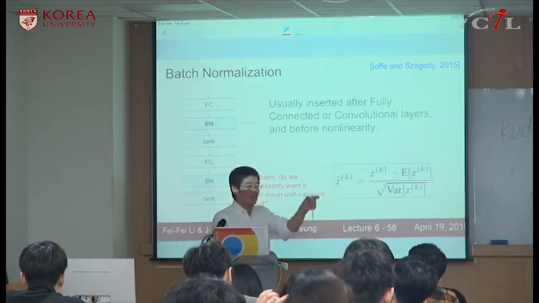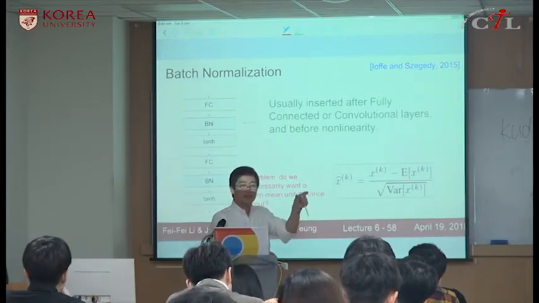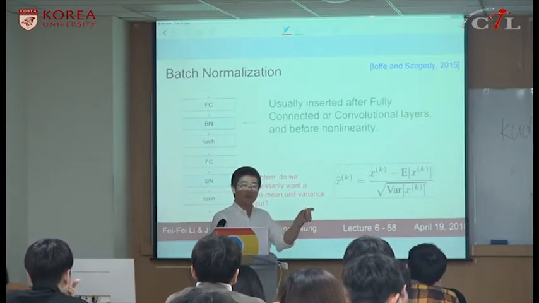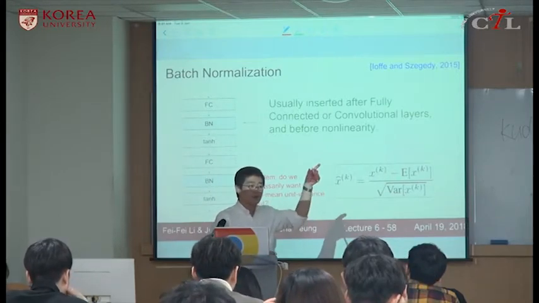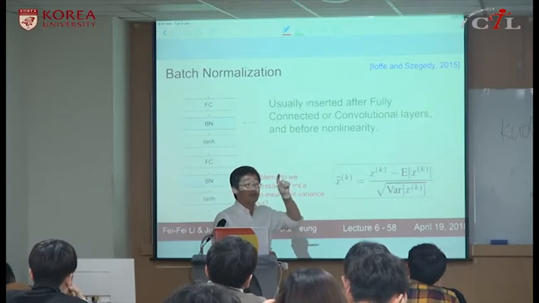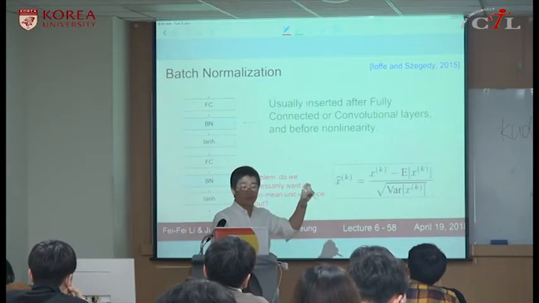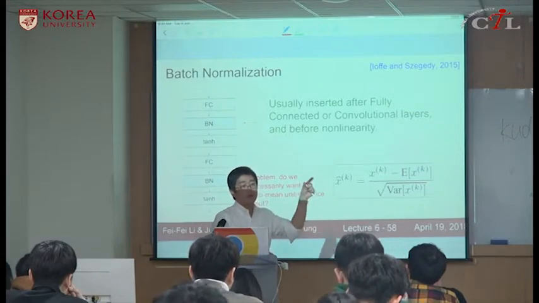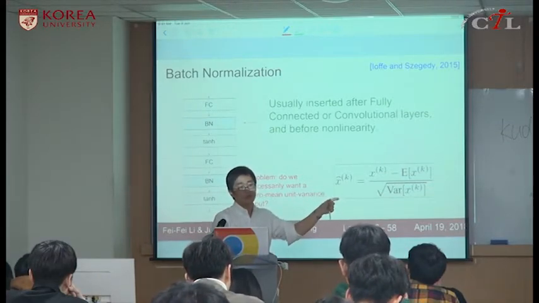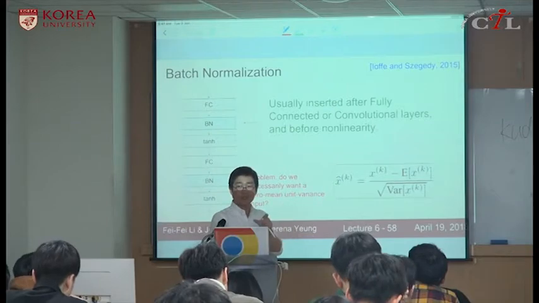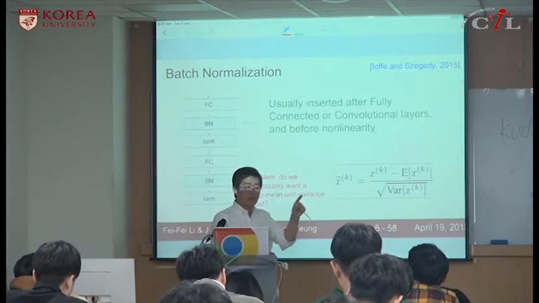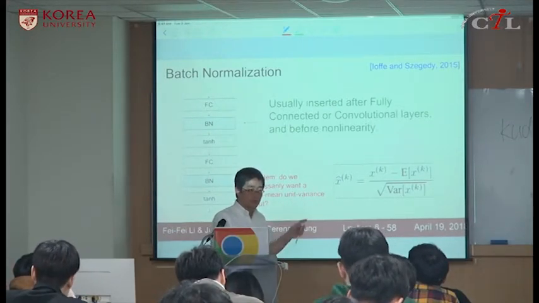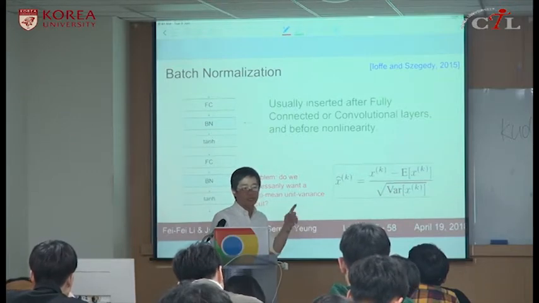So each different mini batch will have a slightly different mean and variance, right? So in the first step of batch normalization, we are using different values to normalize our data.